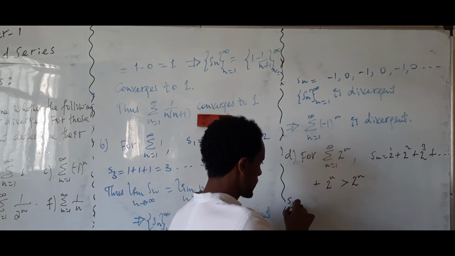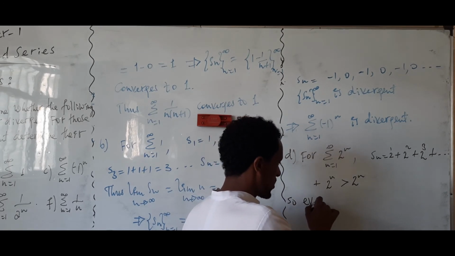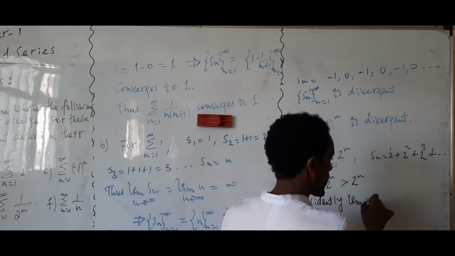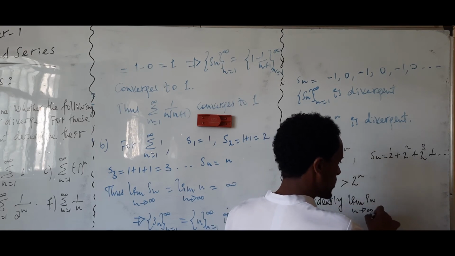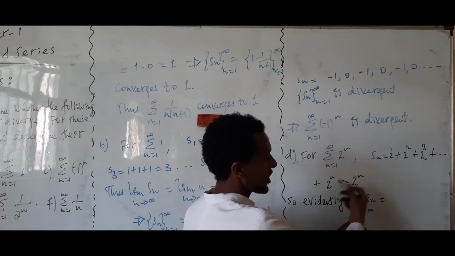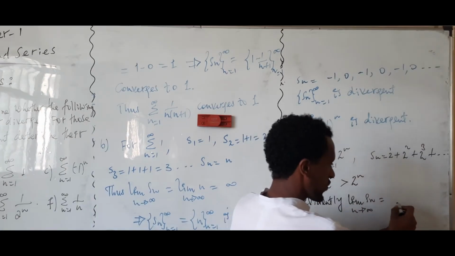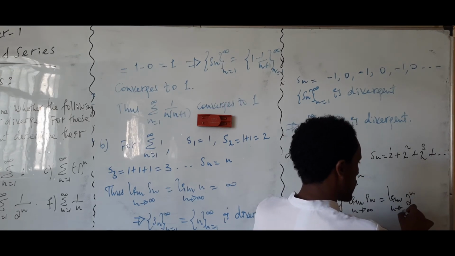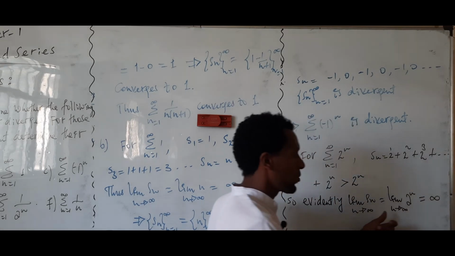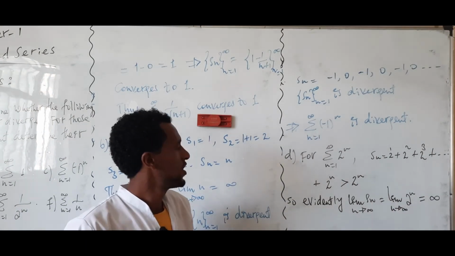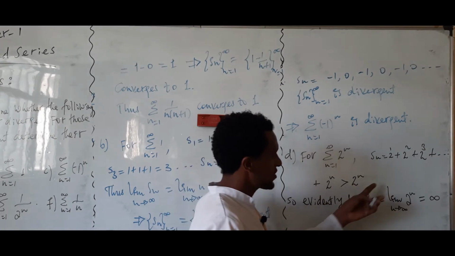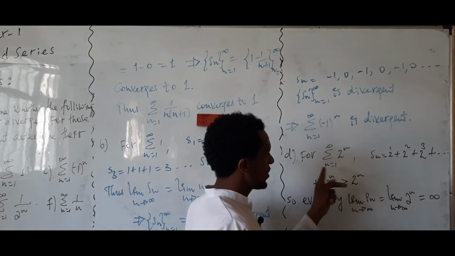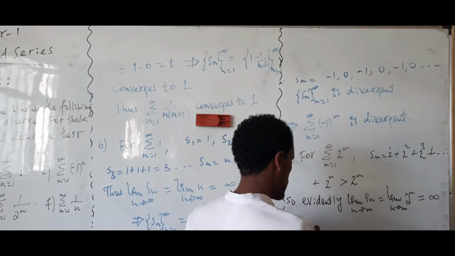So, evidently, the limit of Sn as n goes to infinity is greater than the limit of 2^n as n goes to infinity, which is equal to positive infinity. Therefore, since the sequence of partial sums Sn is divergent, the infinite series is divergent.